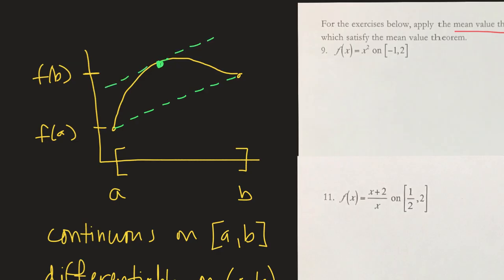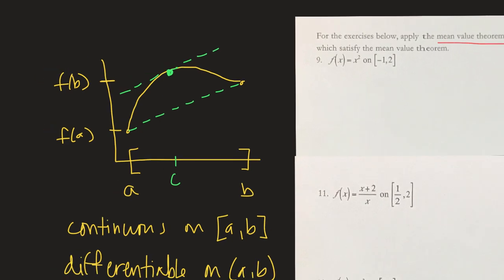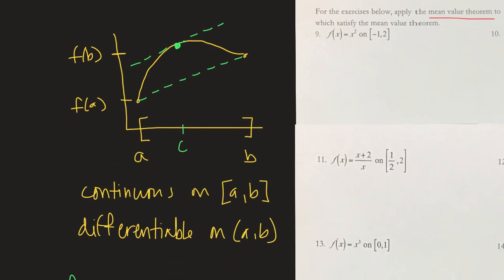We're trying to find this point, this x value, which we're calling c, on our graph or on your function, where the derivative, so f prime at c, the instantaneous rate of change, is equal to the average rate of change, which is f of b minus f of a over b minus a.